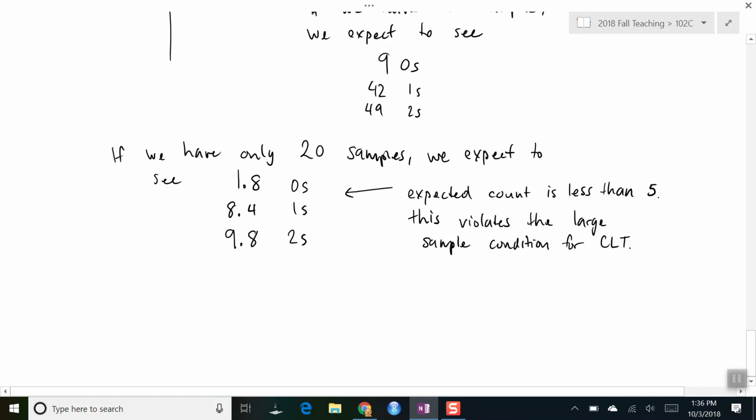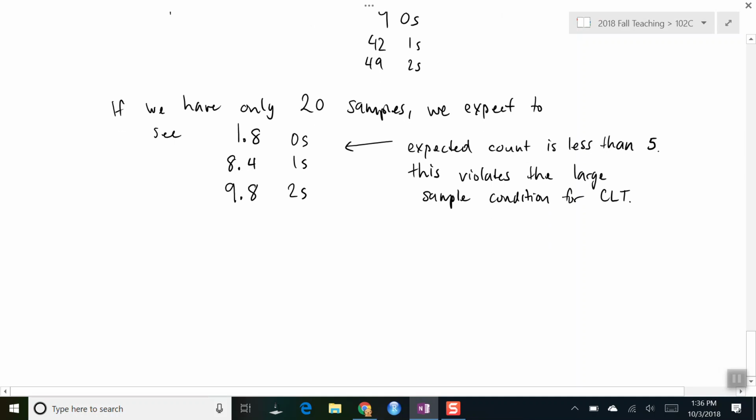And so this violates the large sample condition for the central limit theorem, because believe it or not, the chi-squared underneath it all relies on the central limit theorem. So anyway, this will break.